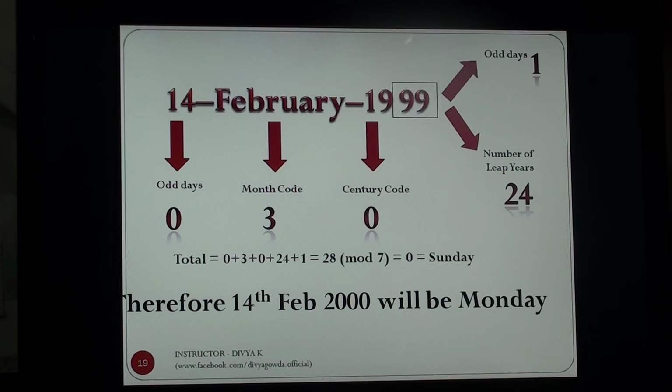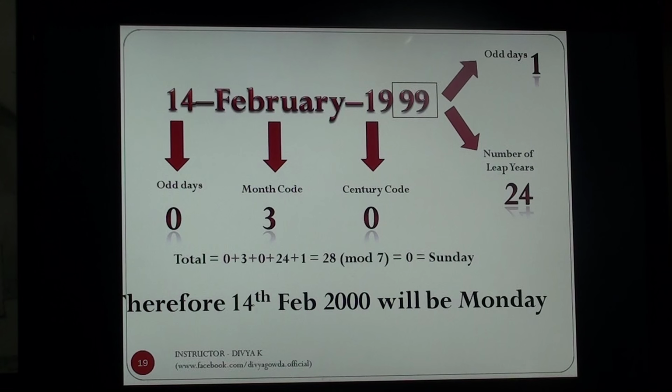But be very careful. Instead of February, if I had given March, April, June up to December, the year 2000 is actually a leap year. So anything before 29th February, just skip one day. Suppose we got Sunday here, make it Monday.